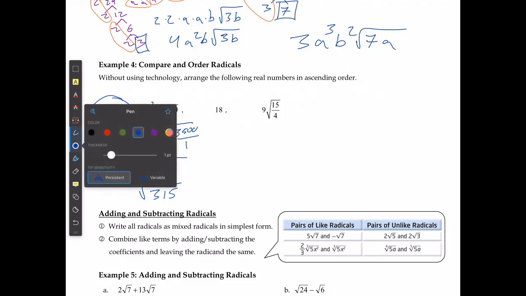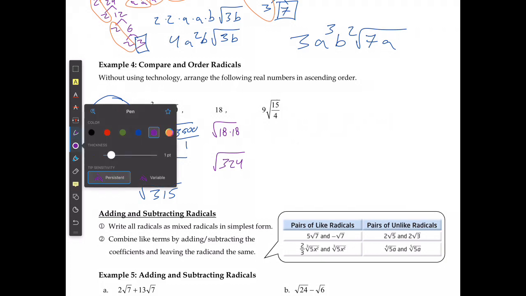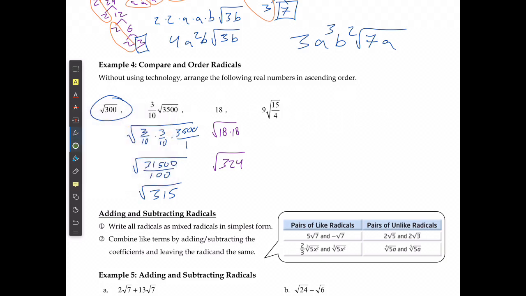For the 18, I'm just going to say that's going to be the square root of 18 times 18, which is the square root of 324. And for the last one, I'm going to say that this is going to be the square root of 9 times 9 times 15 over 4.